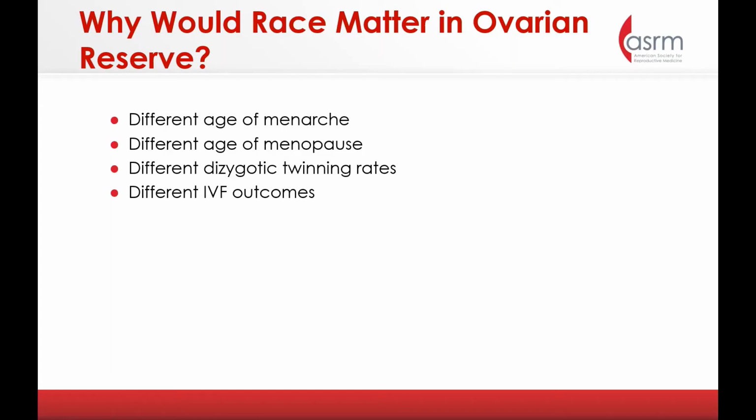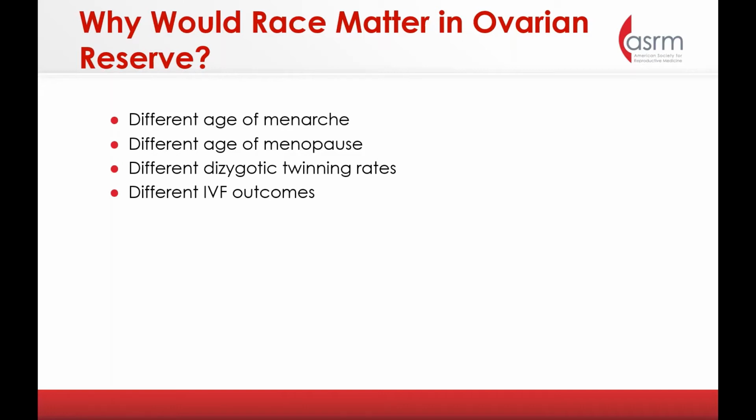There's differences observed in dizygotic twinning rates. Martin Bulmer's classic paper in 1970, The Biology of Twinning in Man, identified the significant difference in dizygotic twinning rates ranging between 2% amongst people in sub-Saharan Africa to 0.5% in Asia, with Europe resting somewhere in between.